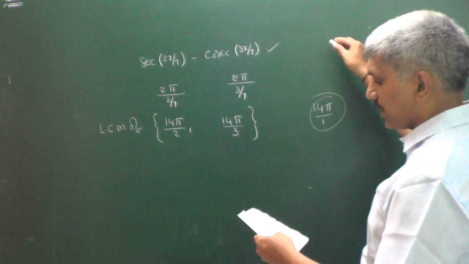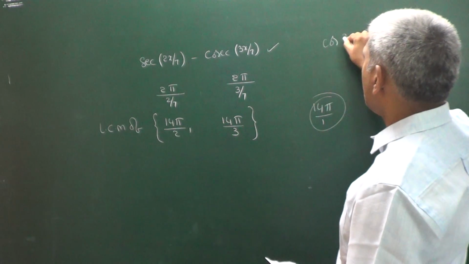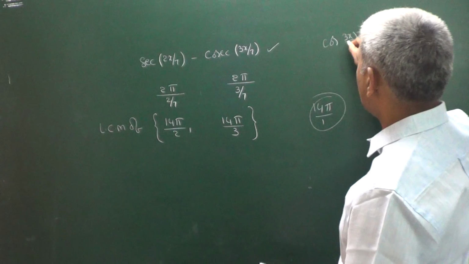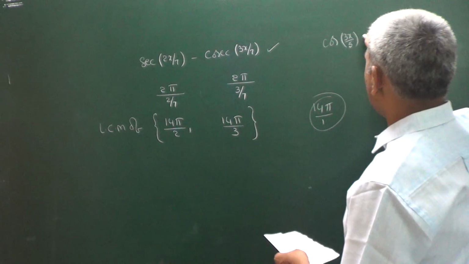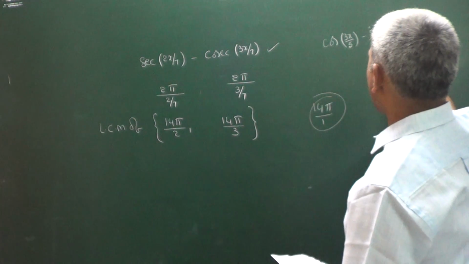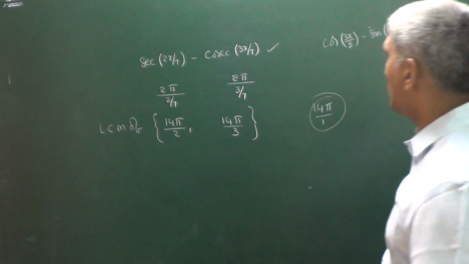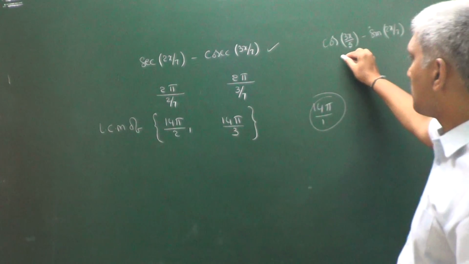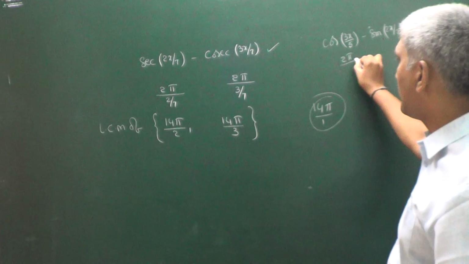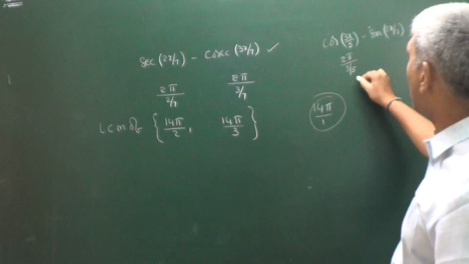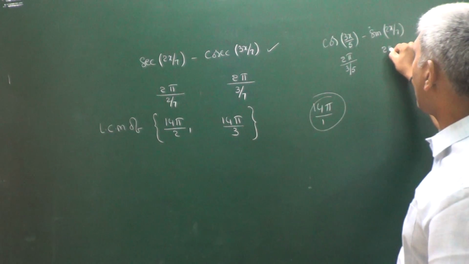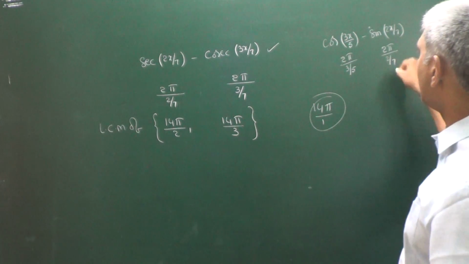Now another question here. cos(3x/5) minus sin(2x/7). This function's period we have to find out. Come on, tell me, this is a periodic function with the period 2π by 3/5, whereas here 2π by 2/7.